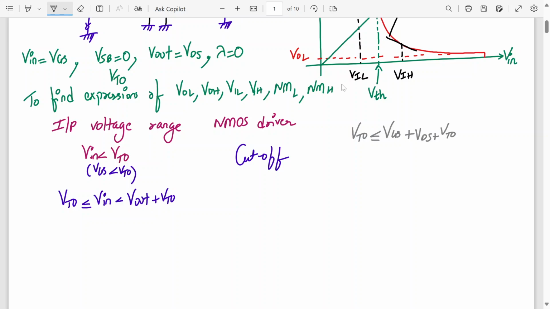So the same thing can be written as VGS greater than or equal to VDS plus VTO. Yes, actually we could have written 0. It's fine.